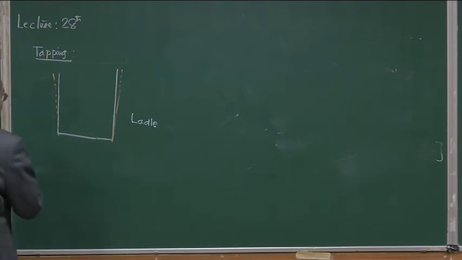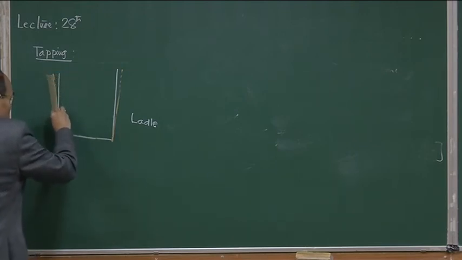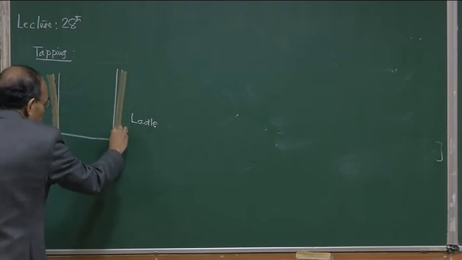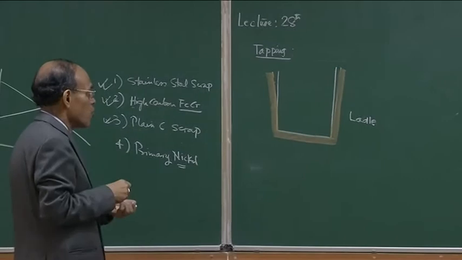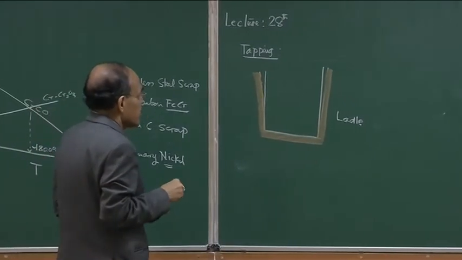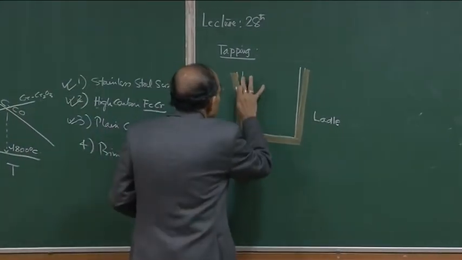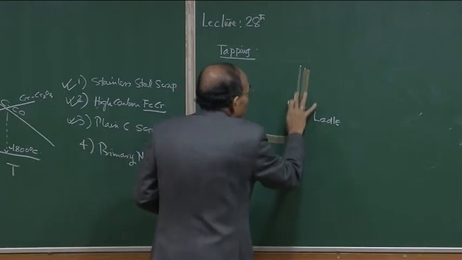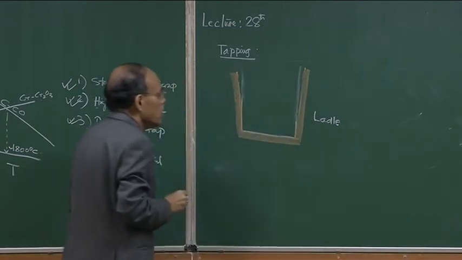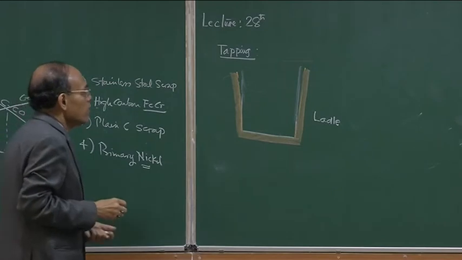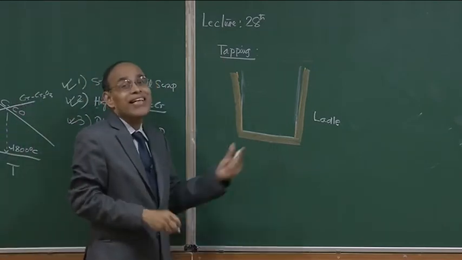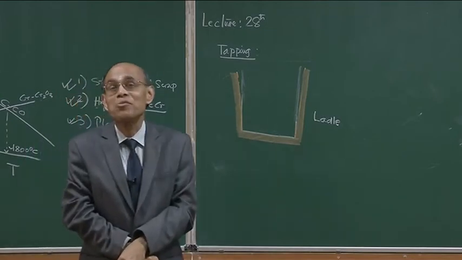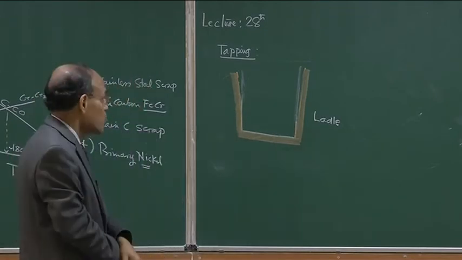This is a refractory lined vessel, basic refractory, tar dolomite as well as magnesite bricks. So, tapping is going to be done in a preheated ladle, because otherwise there is going to be significant drop in temperature.